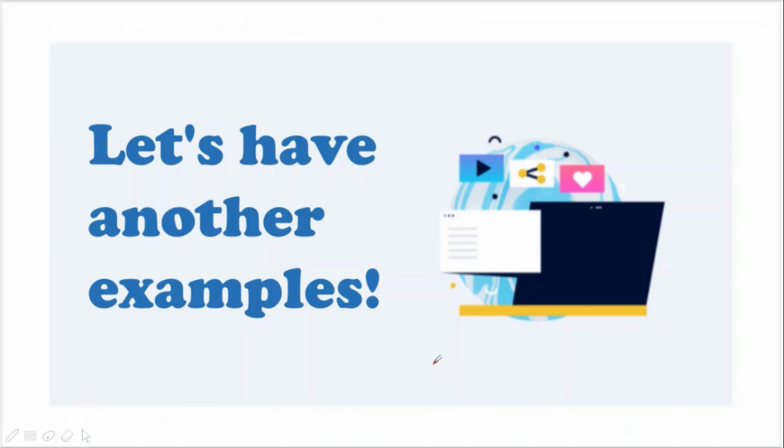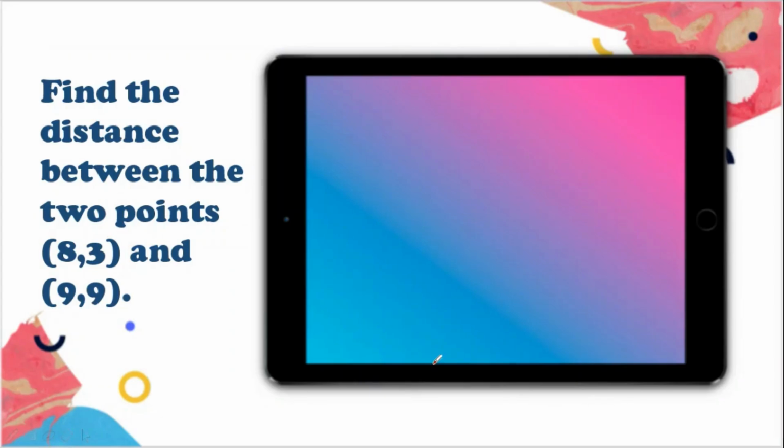Okay, so let's have another example. Example 1 is find the distance between the 2 points. We have x sub 1, which is 8, y sub 1, 3, and we have x sub 2, 9, y sub 2, 9, right? So always remember the x sub 1, y sub 1, x sub 2, y sub 2.